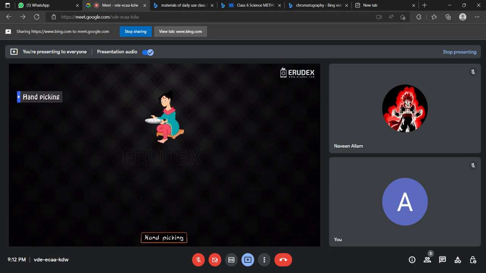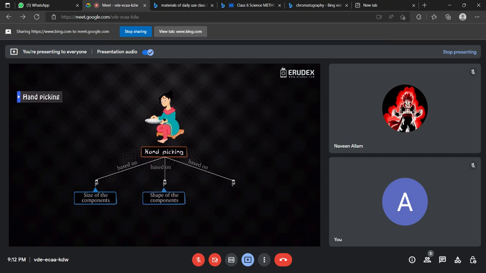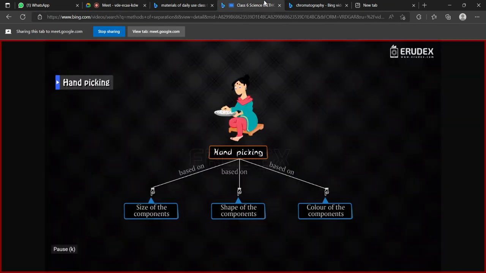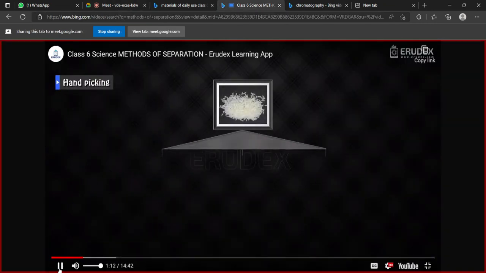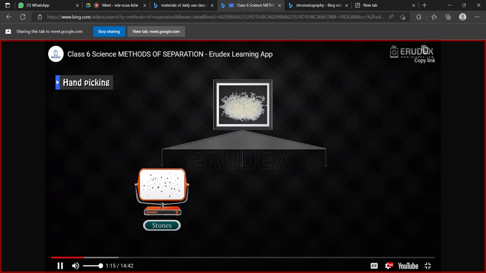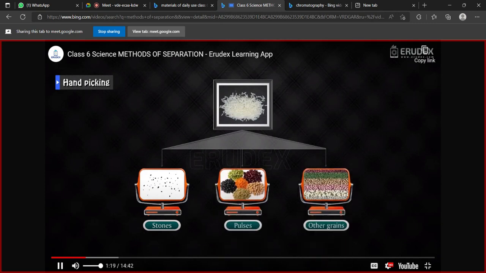This method is adopted based on the size, shape, and color of the solid components in a mixture. Example: stones, pulses, small pieces of other grains can be removed.